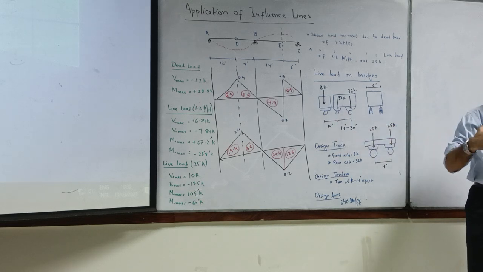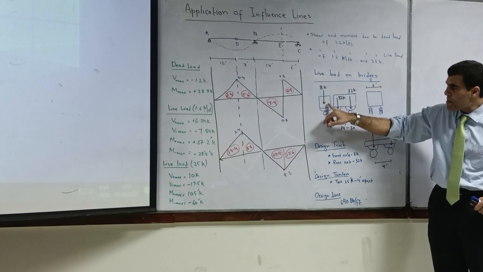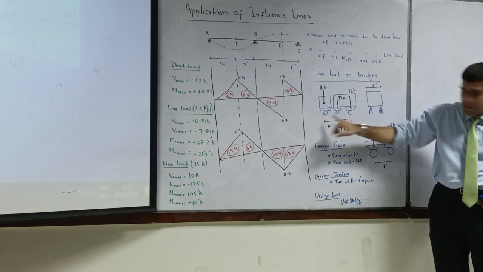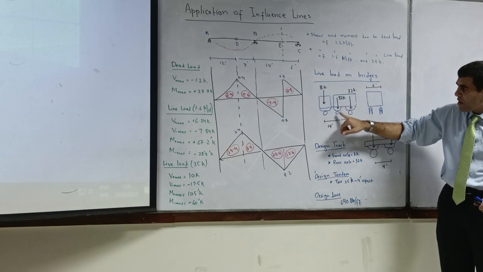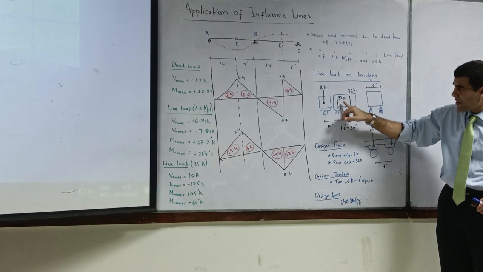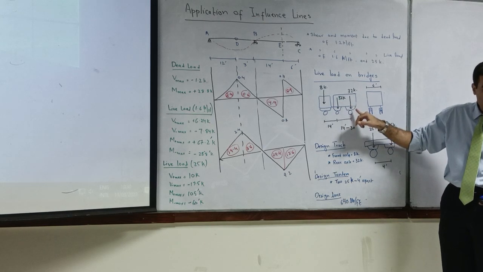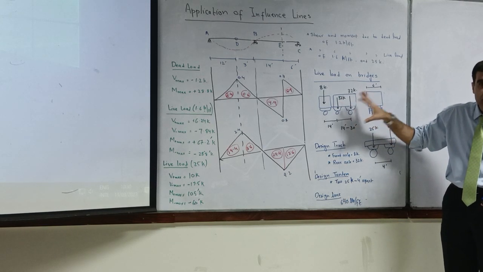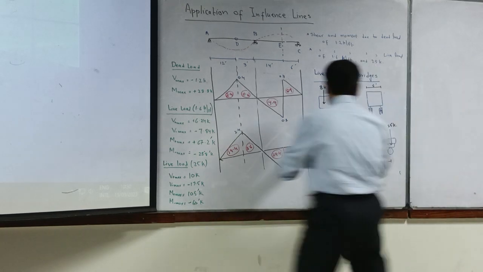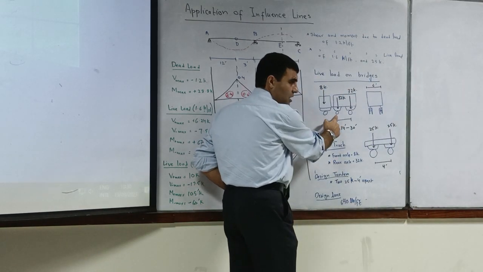So if this is 8 kip in the front axle, per wheel it will be 4 kip. Then the wheels behind are the rear axles, and each one is considered as 32 kip. This is a very heavily loaded truck.